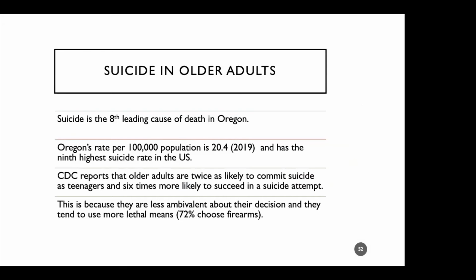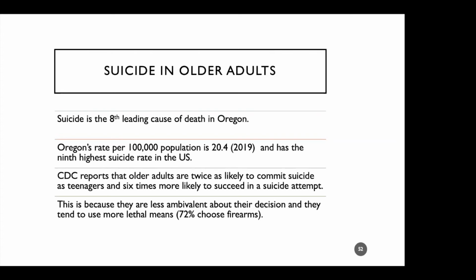Next slide. I also very briefly want to talk about suicide in older adults. Suicide is in the top 10 causes of death in the United States. In Oregon, it is about the 8th leading cause of death for older adults. And the group that has the highest incidence is actually white males over the age of 85.